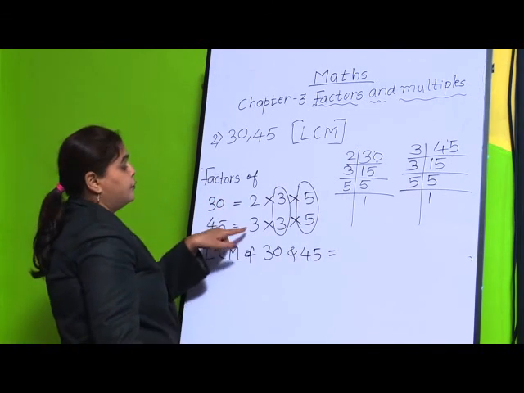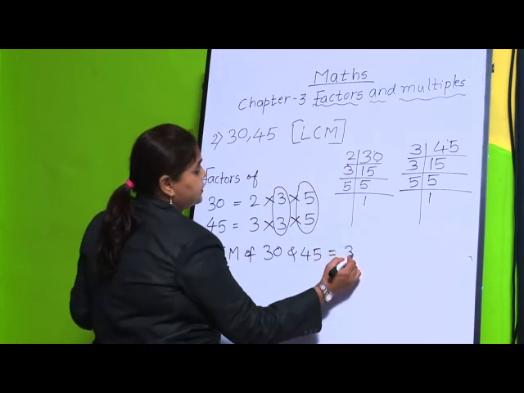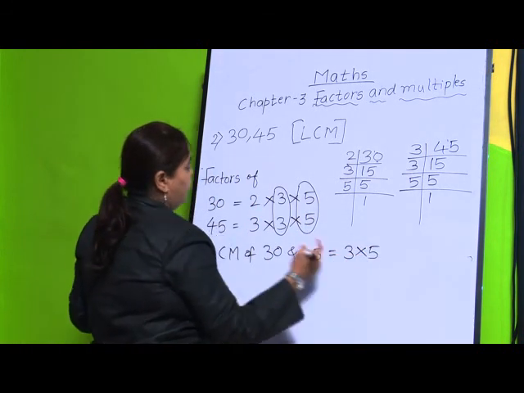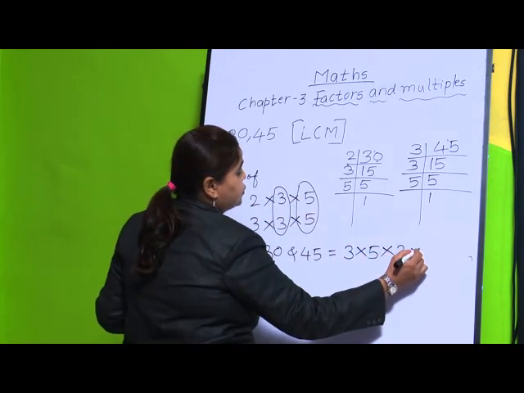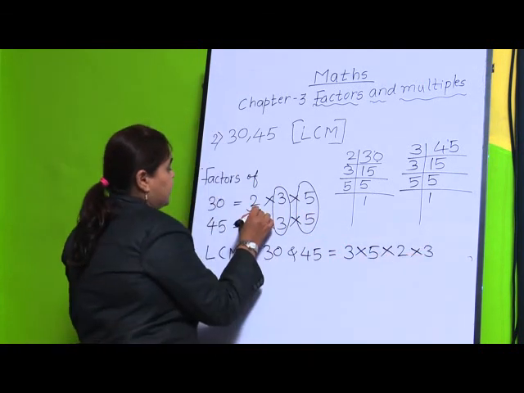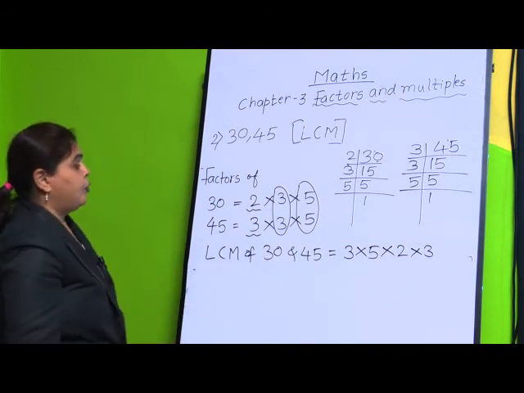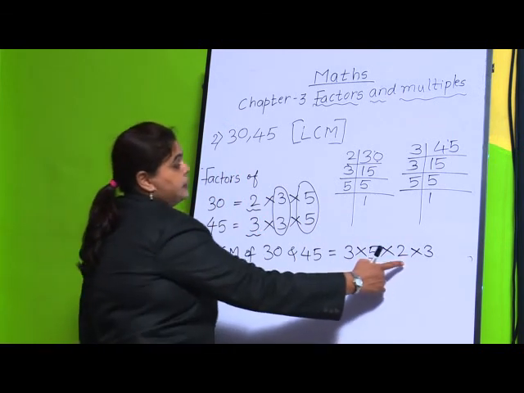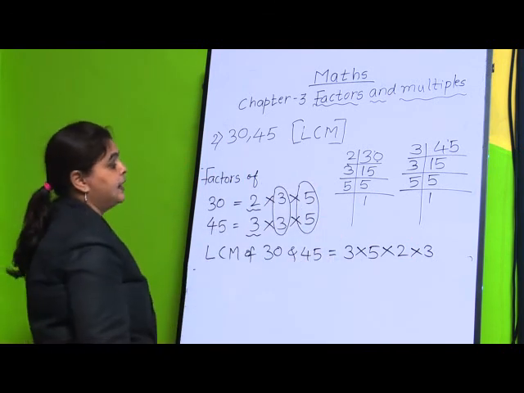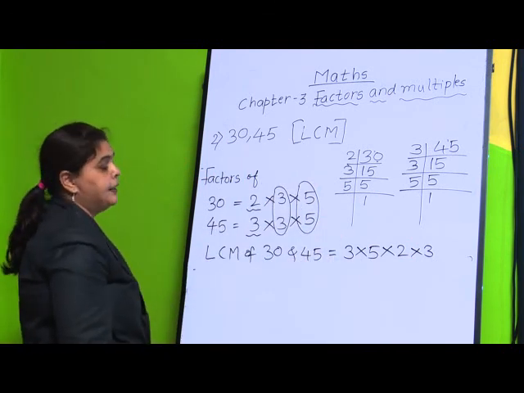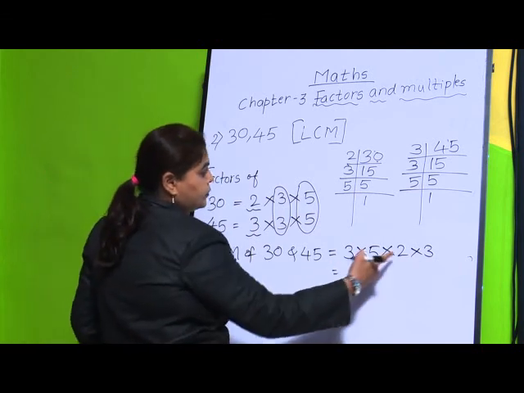So, we will write the common factors first. So, this is 3 multiplied by 5, and what are the leftover, that also we have to consider. So, it is 2 multiplied by 3. These are the leftover factors. We have to take them into consideration because we are finding the LCM, that is the least common multiple.